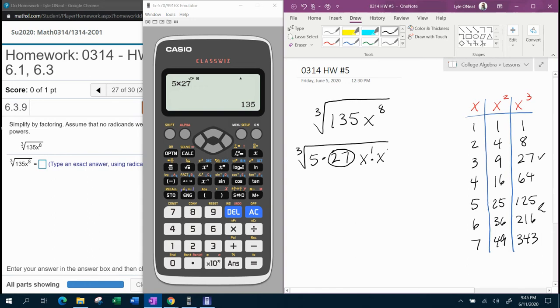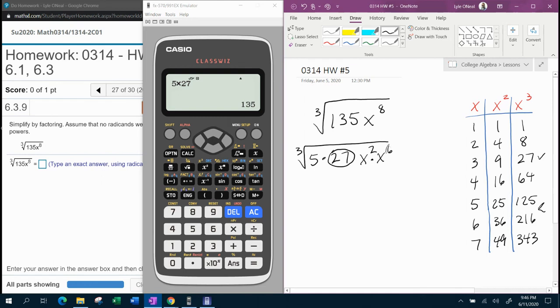So let's say 1 and 7. 1 and 7 add to make 8, but 3 does not go into 1 or 7 evenly, and so we're going to have to try again. How about 2 and 6? If I multiply x squared times x to the 6th, if I add the powers, I get 8. Oh, and look at this.